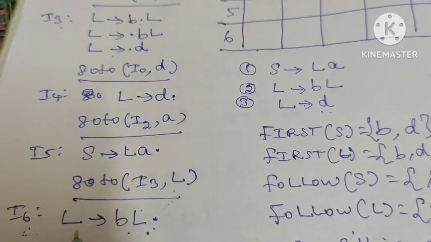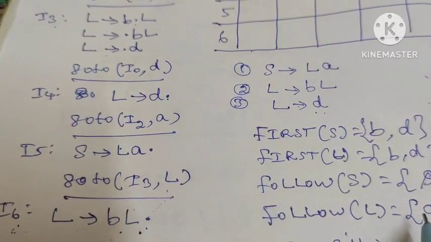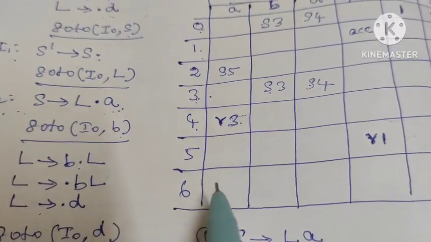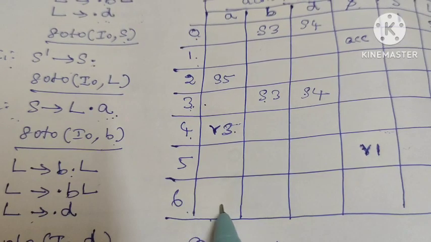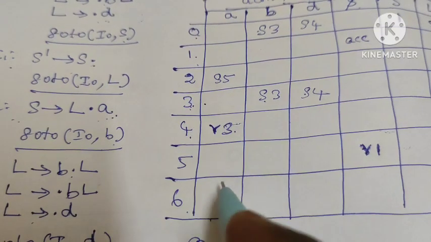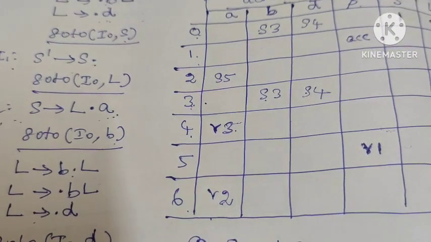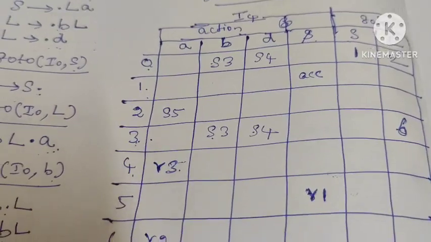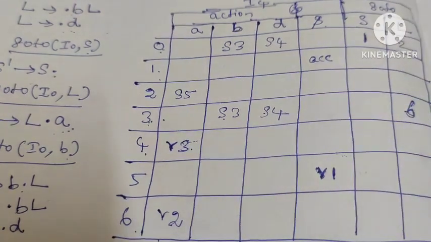So now we have to find the follow for L. Follow for L is actually A. So in item set 6, where A is there, since this is production number 2, write it as R2. So this is the way of filling the parsing table.